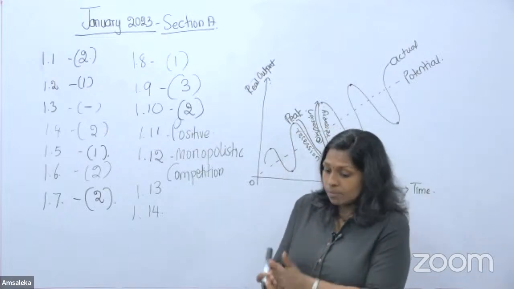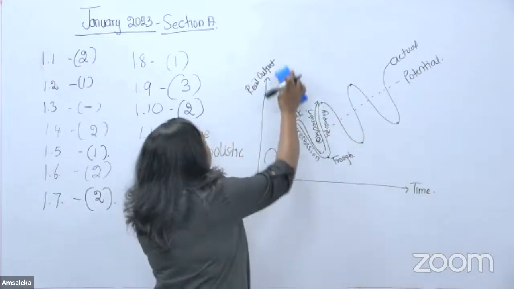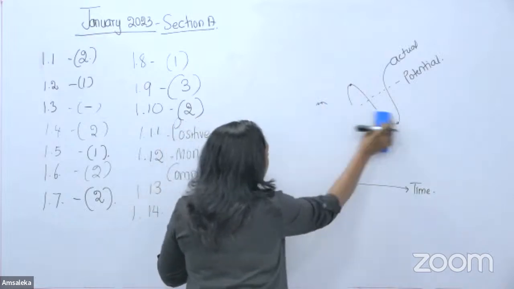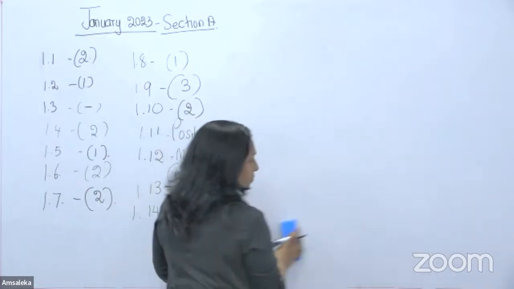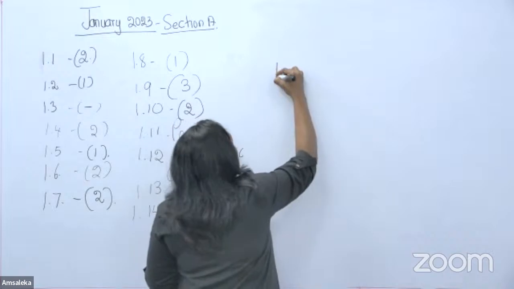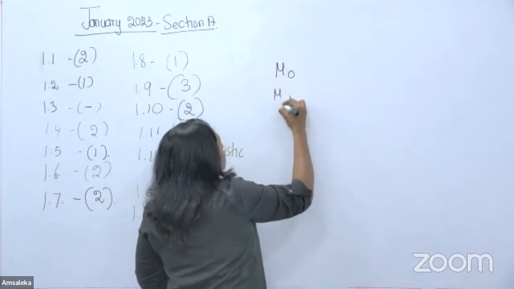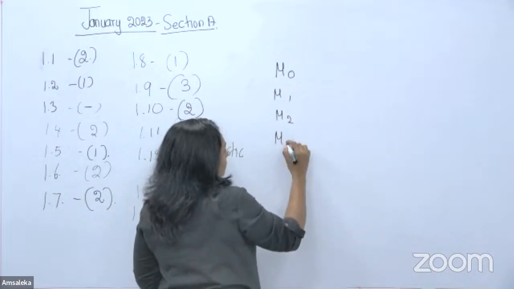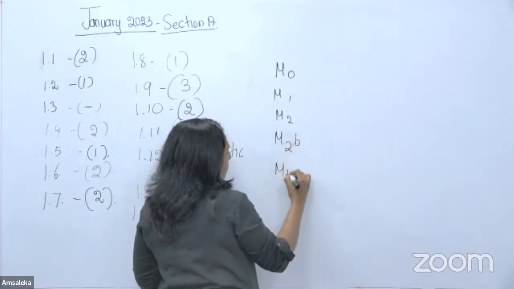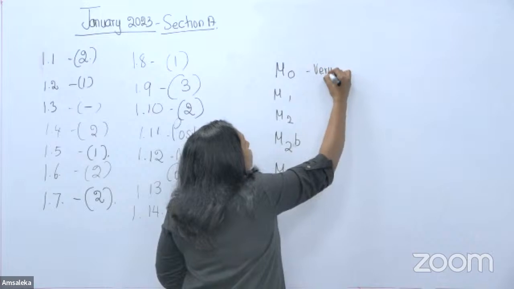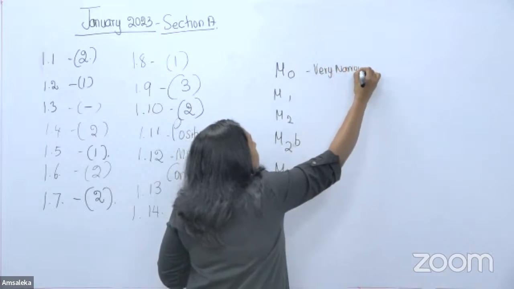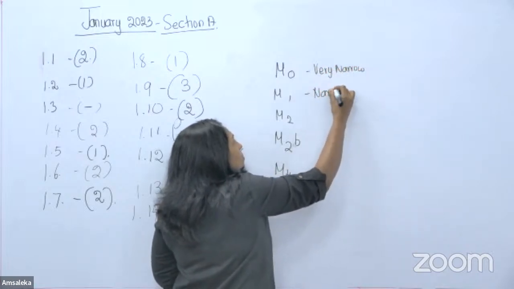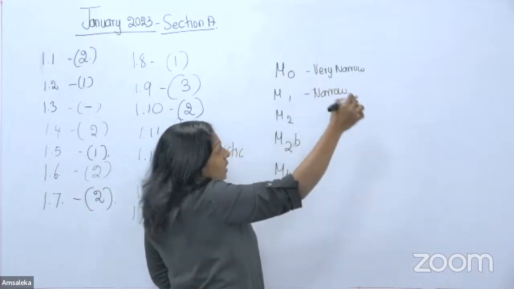Again, I say M0, M1, M2, M2B, M4. So it's very narrow, narrow, broad money supply, consolidated broad money supply, and very broad money supply.